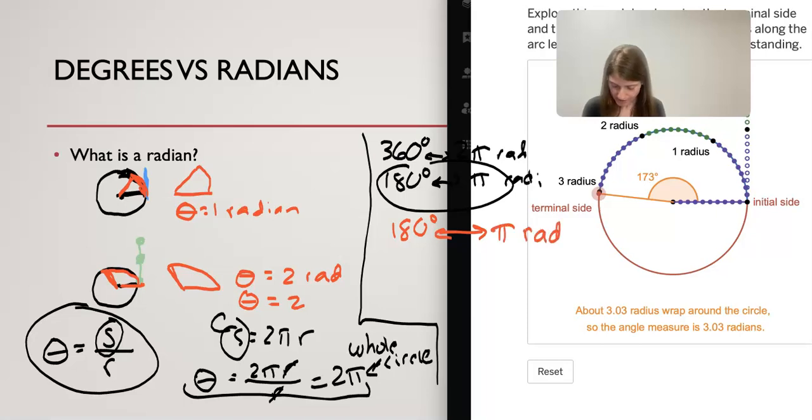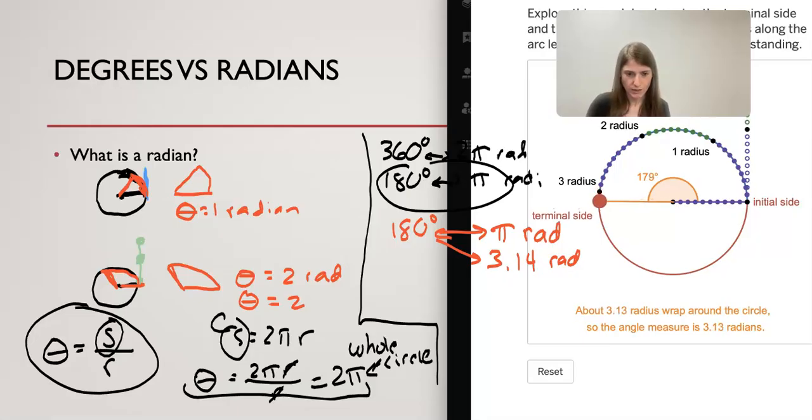But if we wanted to write it in decimal form, that would be about 3.14 radians. In other words, if I kept going past the 3, there's about 3.14 right in here. And notice you're about 180 degrees right there.